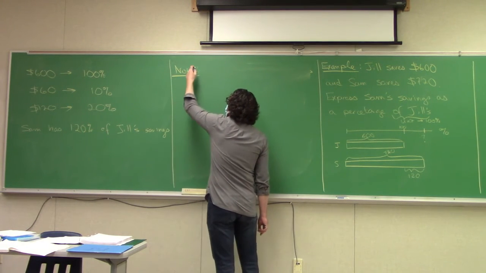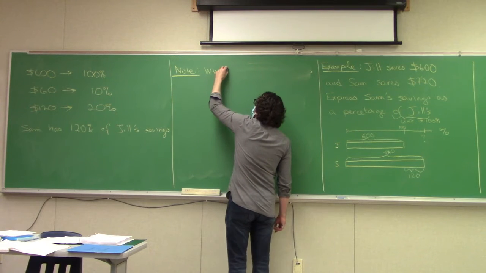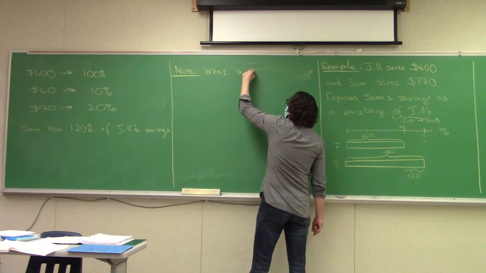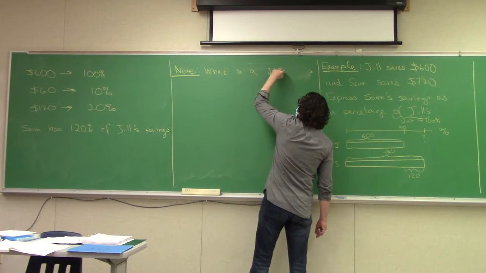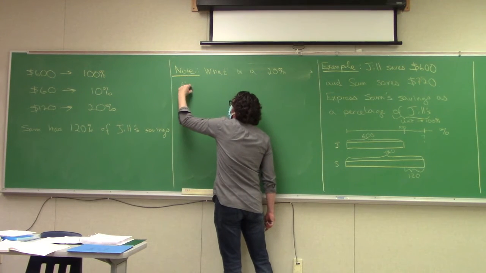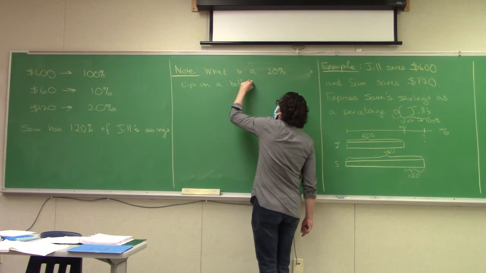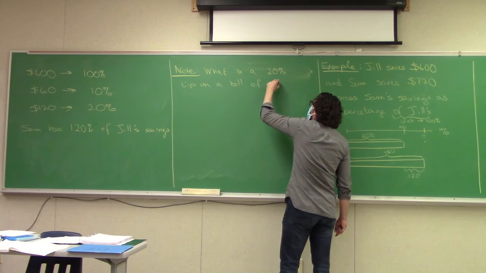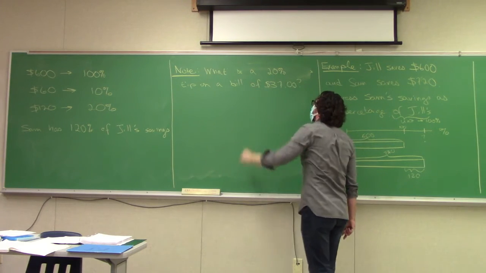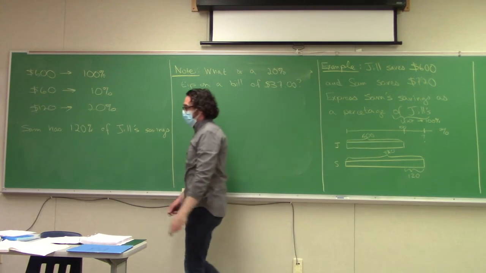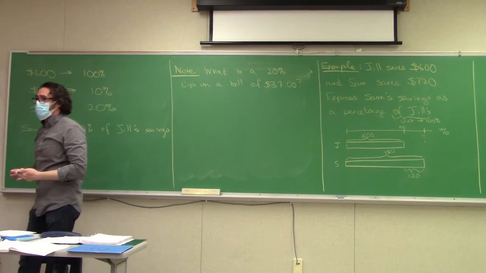Here's a quick little thing. Let's say you go out to eat. The bill ends up being $37.